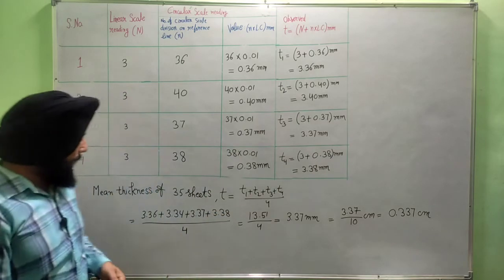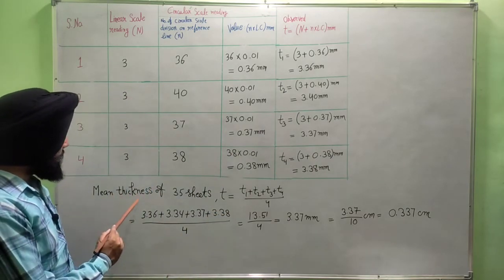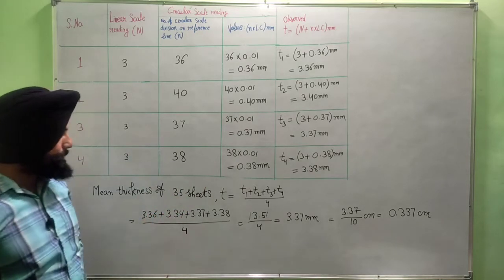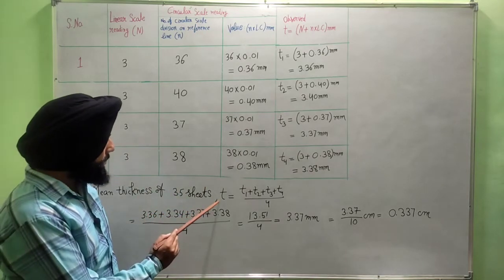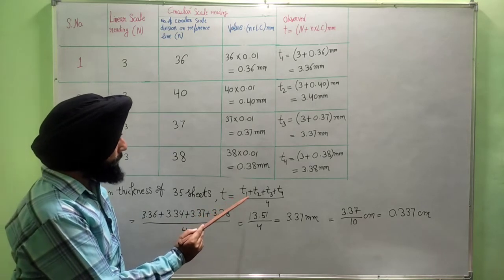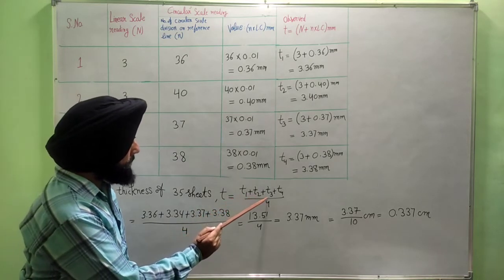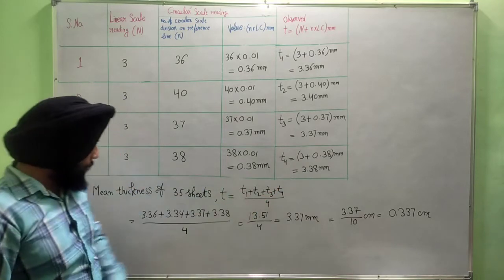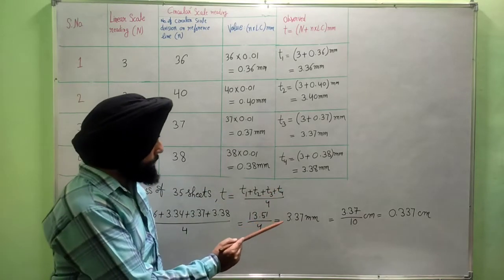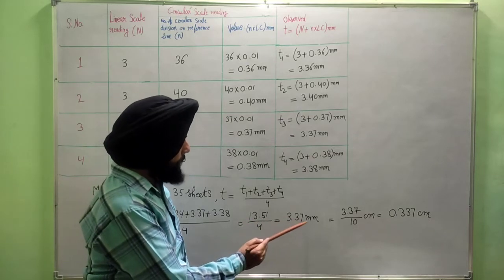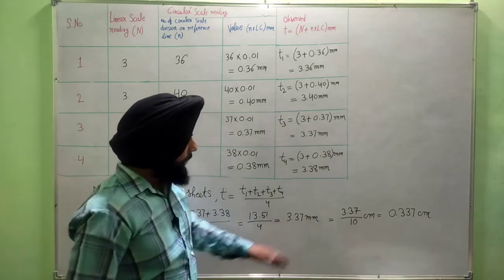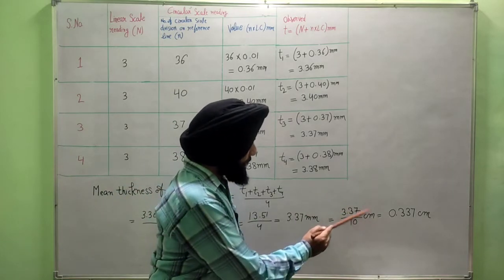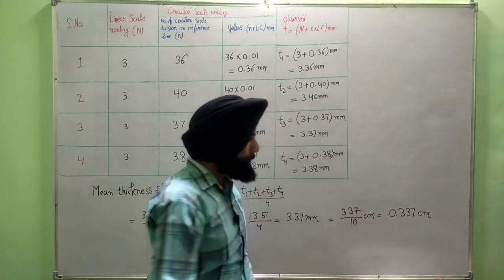Now after that, the mean thickness of 35 sheets, T, equals T1 plus T2 plus T3 plus T4 divided by 4. So it becomes 3.37 millimeters, and if I divide the answer by 10, it converts into centimeters.